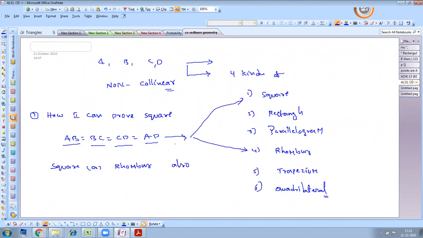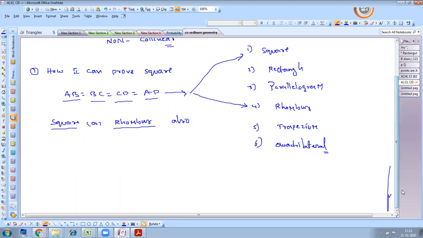Then how can I decide which one the given figure is? It can't be both simultaneously, correct? Which condition will differentiate square and rhombus? Their angle. We don't know how to find the angle yet, that's another level, it comes in +1 only.